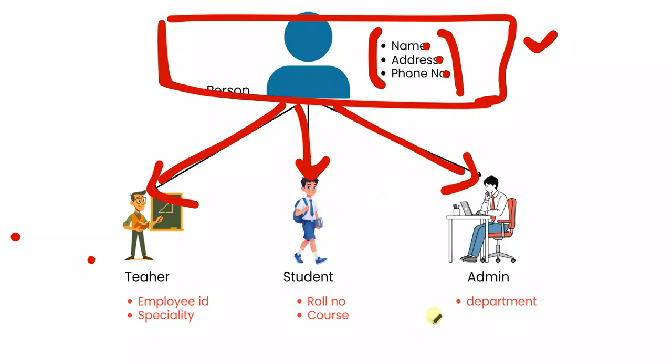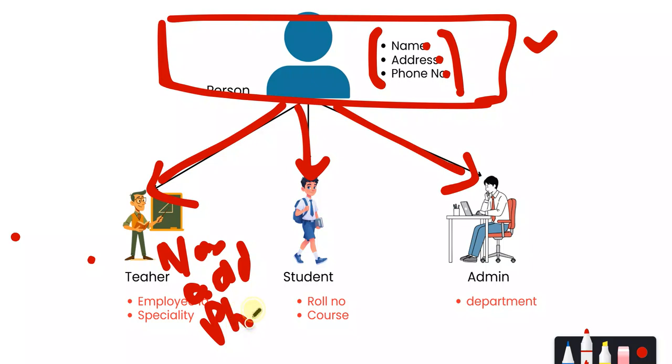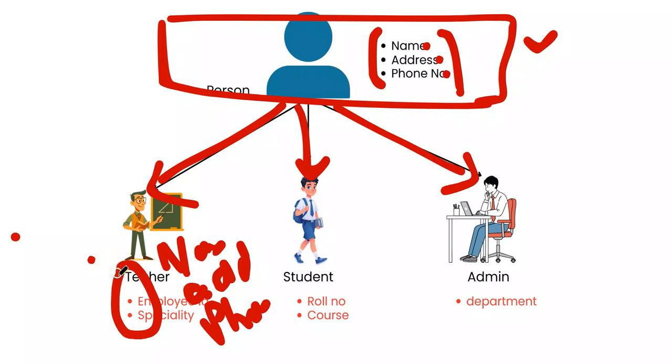Exactly in the same way, because we are using inheritance, the teacher will inherit all the data members. So you can say now the name is also a part of teacher, address is also a part of the teacher, phone number is also a part of the teacher, and along with that, these two other data members, which are employee ID and specialty, are also a part of the teacher.